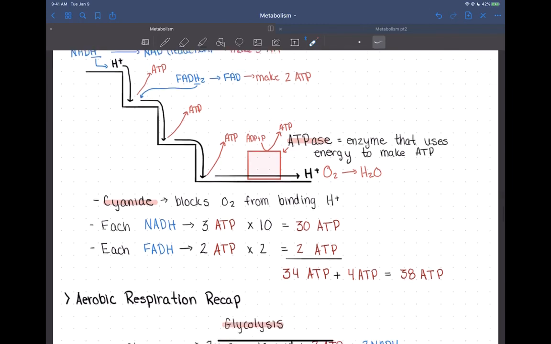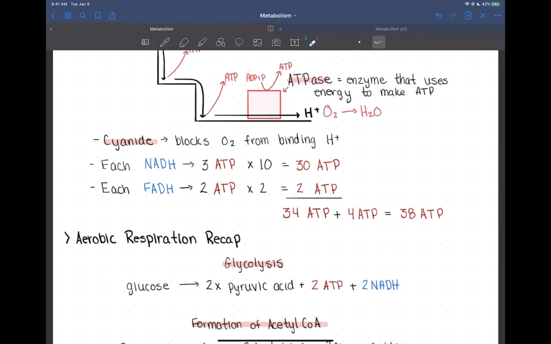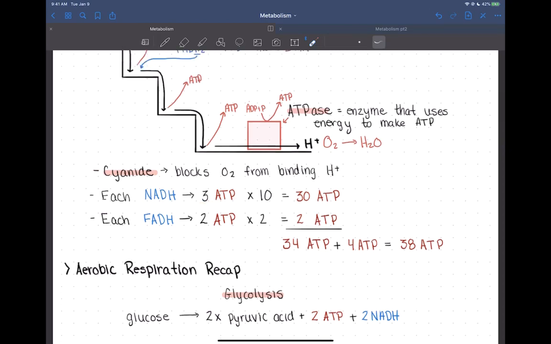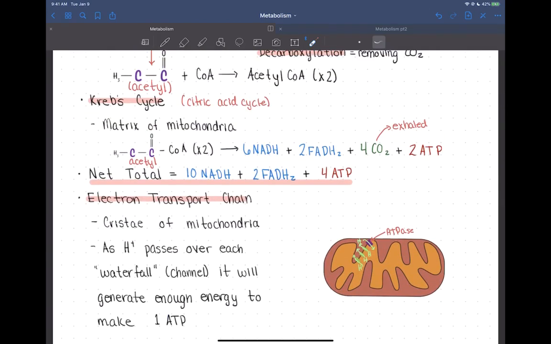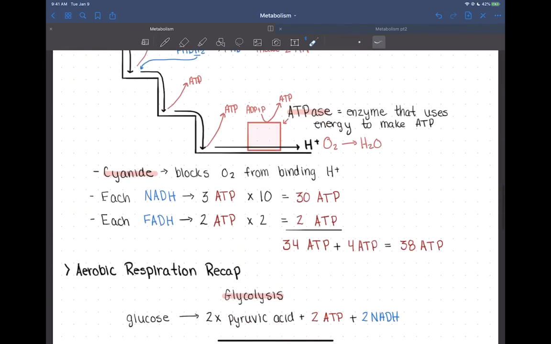Okay, so now let's talk about our total. If we make 3 from each NADH, and we said at the end of our last step we made 10 total, and 2 total FADH2s. So 10 times 3 gives us 30.